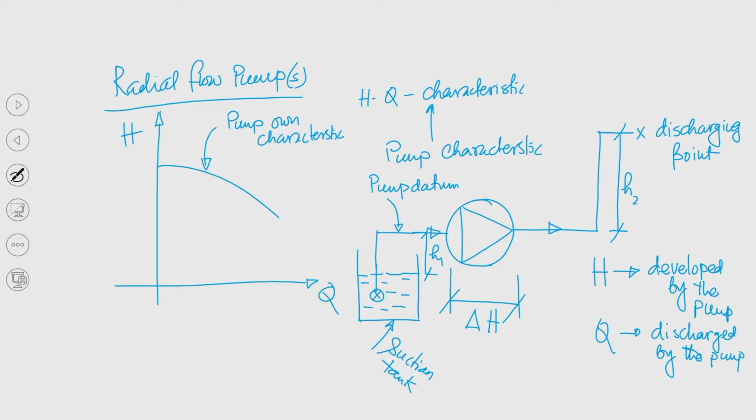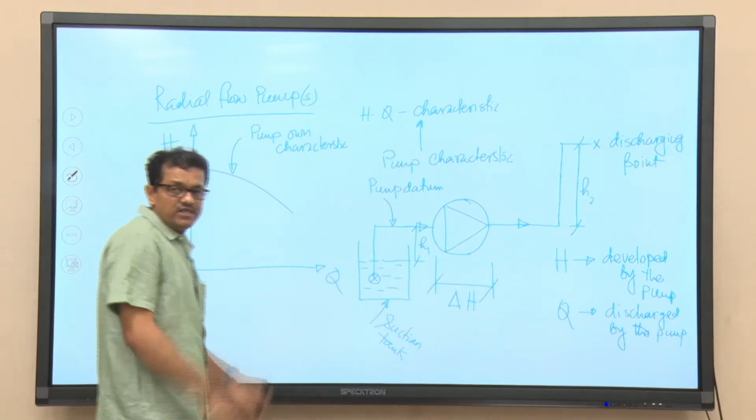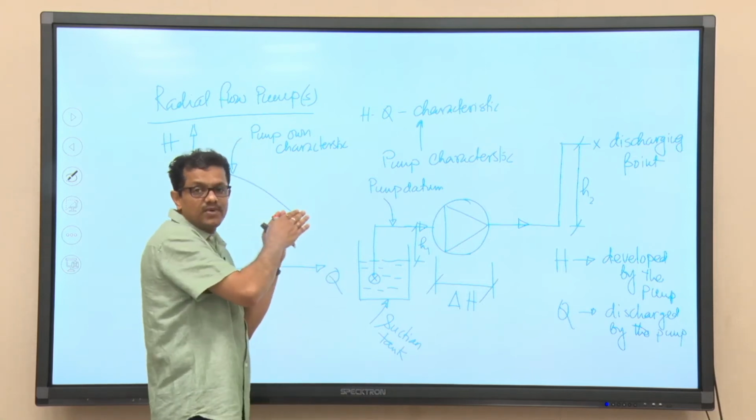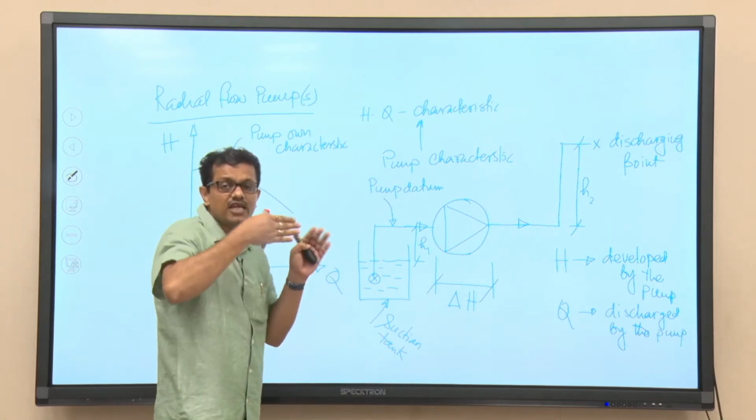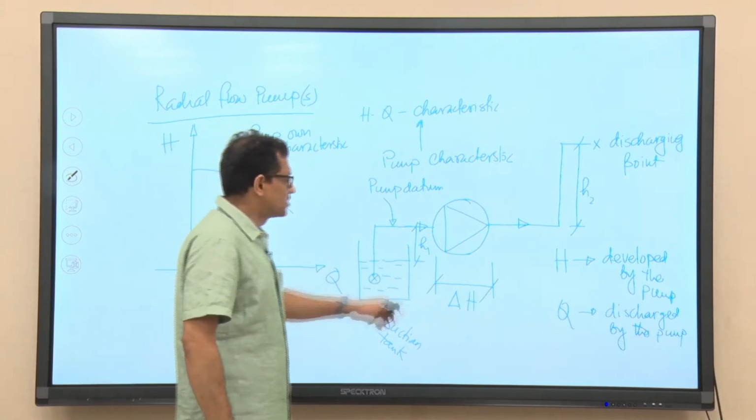So, these two quantities are very much needed at the designer end, without which the designer will not be able to design the pump, because he or she needs information about these two quantities.